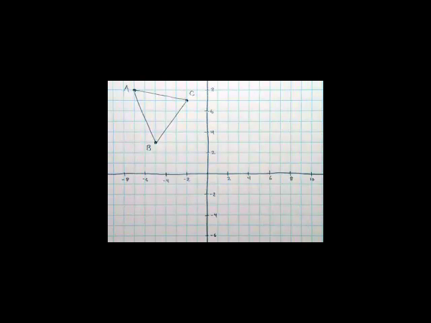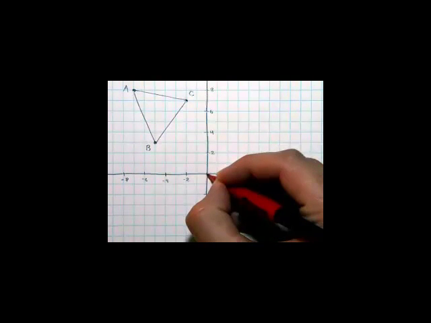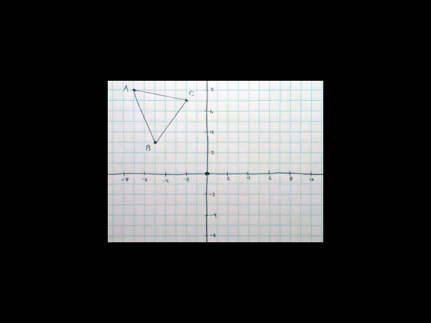We're going to need to use some construction lines, like we did with the reflections. We're going to take each one of these points, and we're not going to move them. We're not going to count how far away they are from a line; that's the reflection thing. We're going to connect them all to the point of rotation, which, like I said, is the origin for all of these.